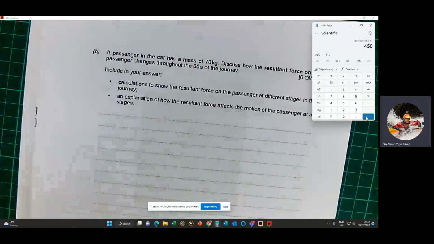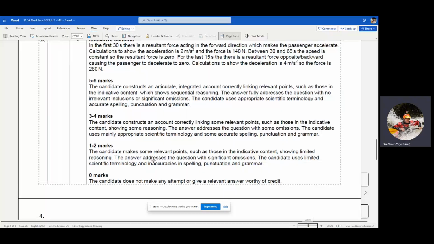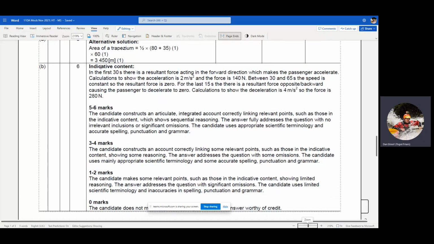But if we refer to the official mark scheme to see the sorts of things we were looking for. So as previously, we've got this indicative content. So it says in the first 30 seconds, there is a resultant force acting in the forward direction, which makes the passenger accelerate. Calculations to show the acceleration is 2 meters per second squared, and the force is 140 newtons.